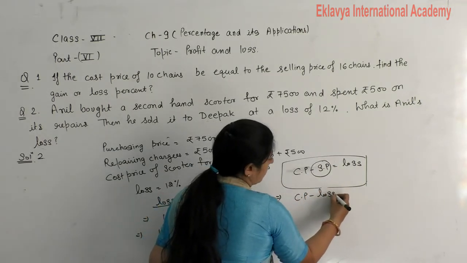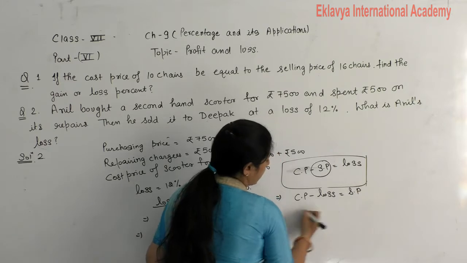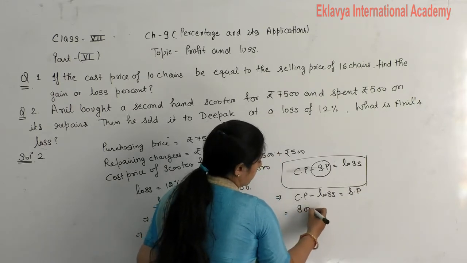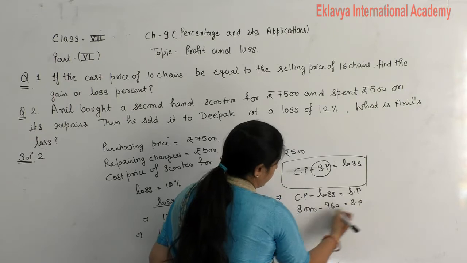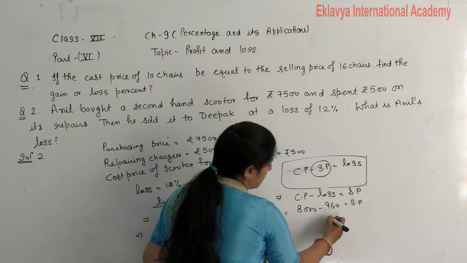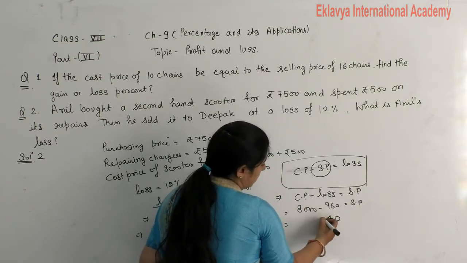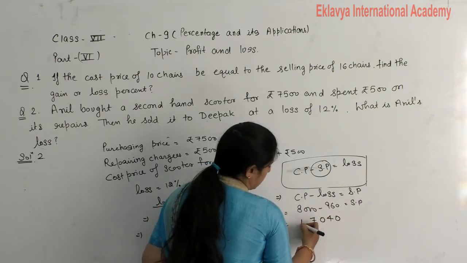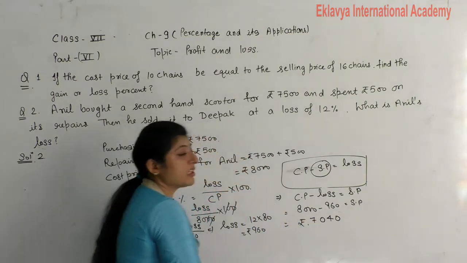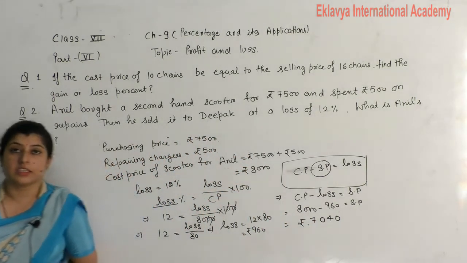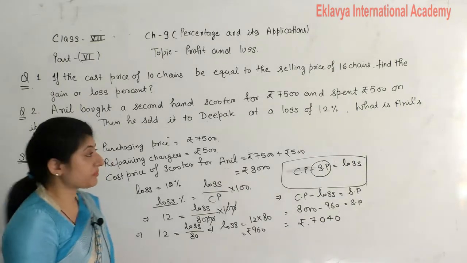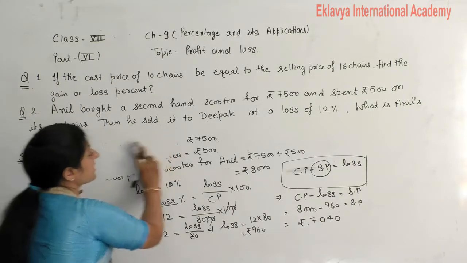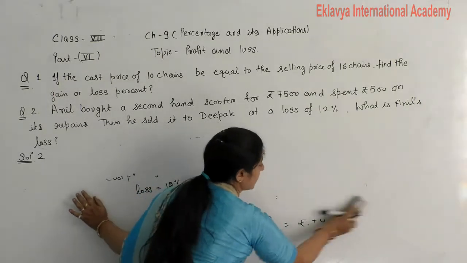CP minus loss is equal to SP. CP is equal to 8,000, loss 960. 10 minus 6, 4, 9 minus 9, that is rupees 7,040. This way we find out our SP. Okay, we will discuss more questions related to these.